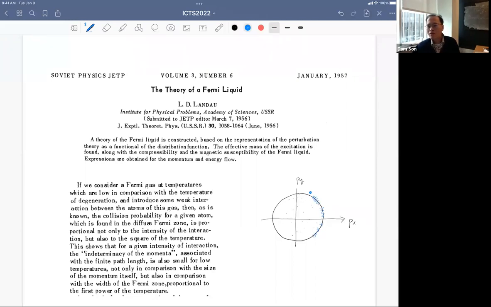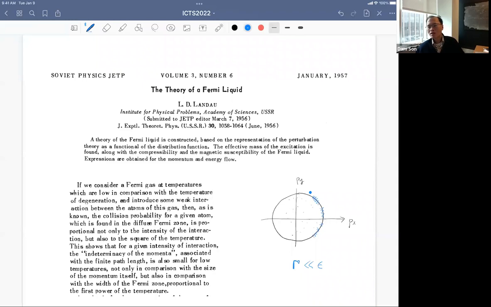By doing phase space analysis and dimensional counting, Landau managed to show that the inverse lifetime, or the width, of these quasi-particles is much smaller than their energy. When the momentum of the quasi-particle approaches the Fermi surface, the energy goes to zero, but the width goes to zero even faster.